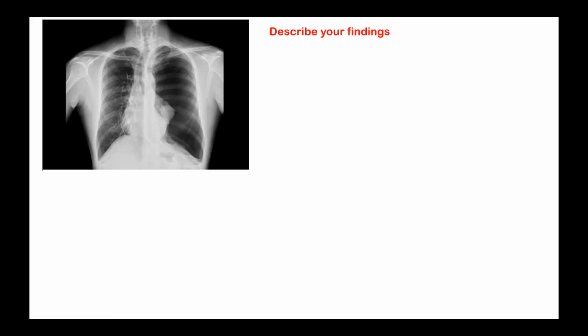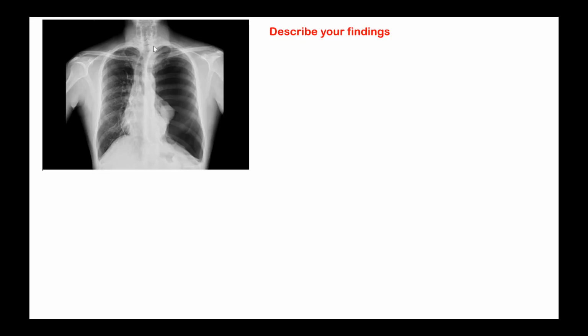Describe your findings. Left-sided pneumothorax. What type of pneumothorax? Normal pneumothorax or tension? Tension pneumothorax. How do you say it is tension? The left lung is collapsed and the heart is pushed to the right.